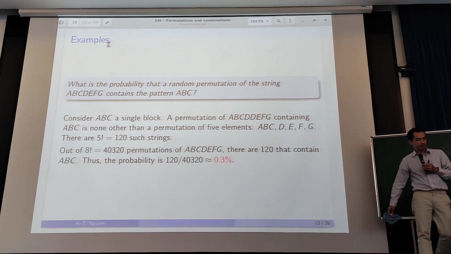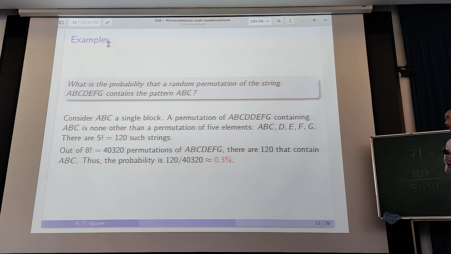Around that number. It's a little bigger than this number because I mistakenly used 8 instead of 7. So it should be 120 divided by 5,040.